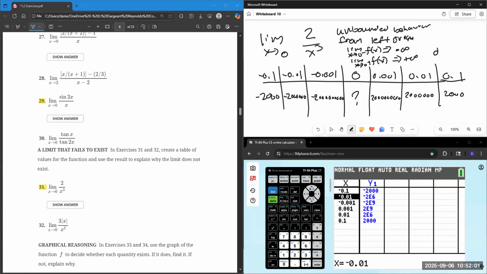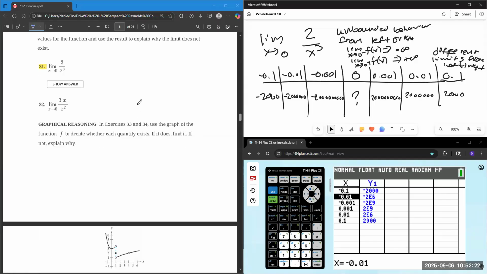We also have different limits from the left and right. So it breaks a couple of the rules there.